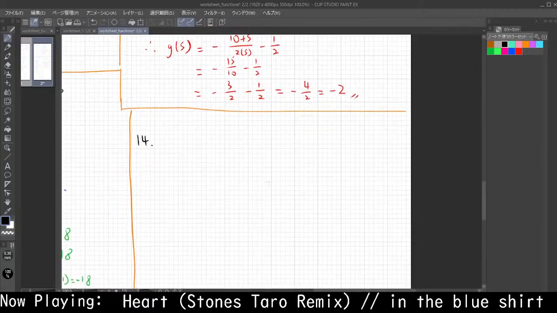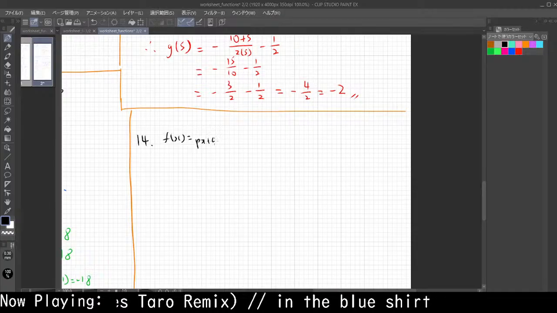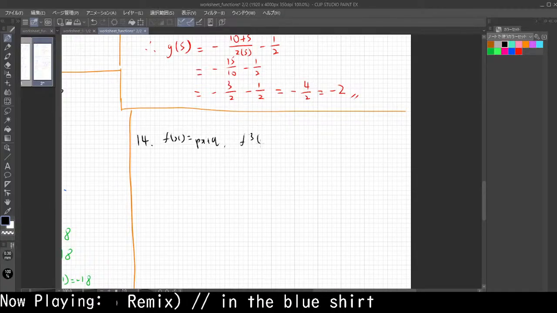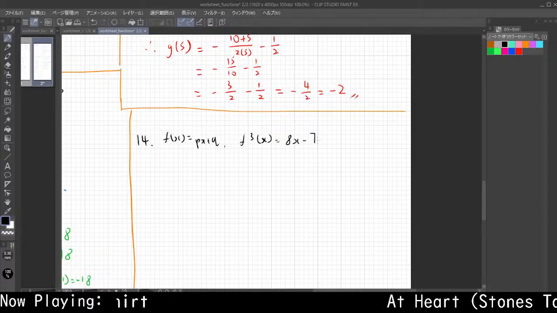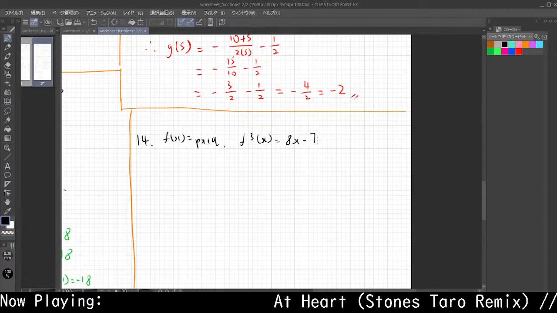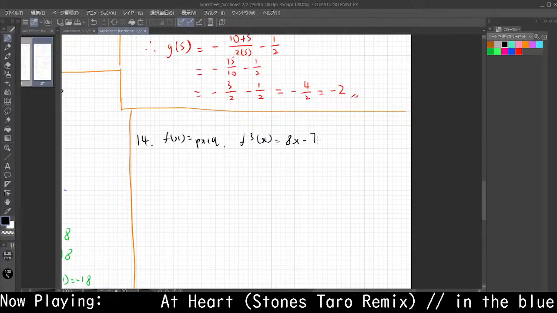Okay, given that f(x) equals px plus q and f3 equals 8x minus 7, I want to find the values of p and q, determine the function f4, and then by studying the pattern of f, f2, f3, f4, determine the general rule of fn. Yeah, these type of questions do exist.